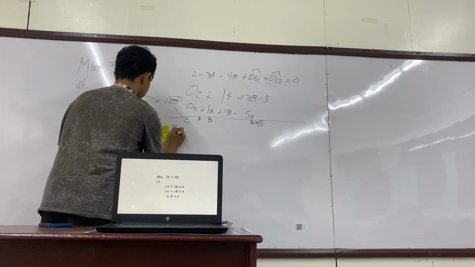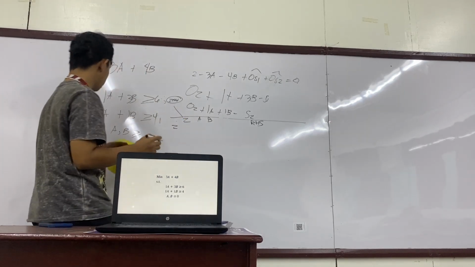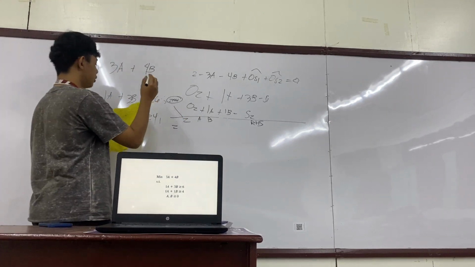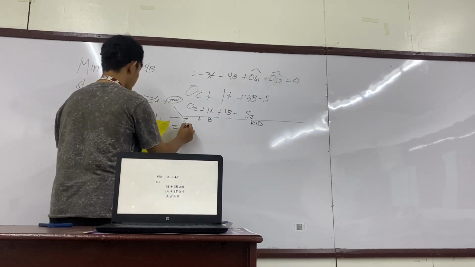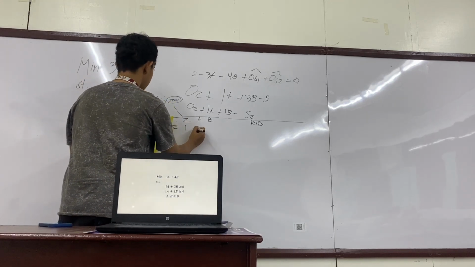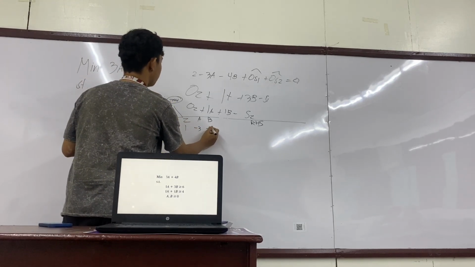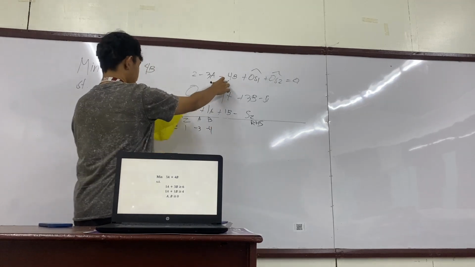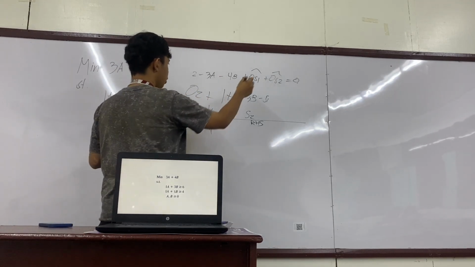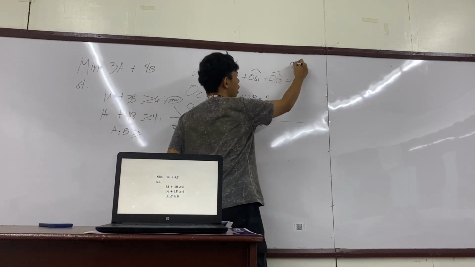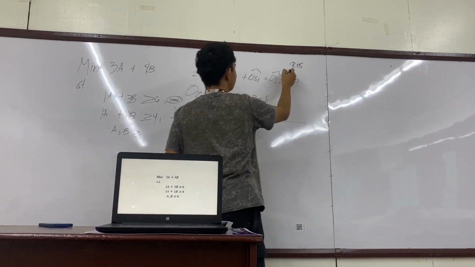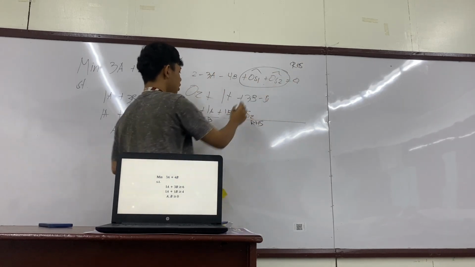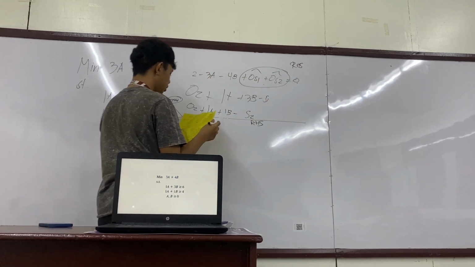So Z is equal to Z. Let's follow the formula, which is this. So 1, negative 3, negative 4, then 0, 0. As you can see, this is our RHS. So we add this in the table.